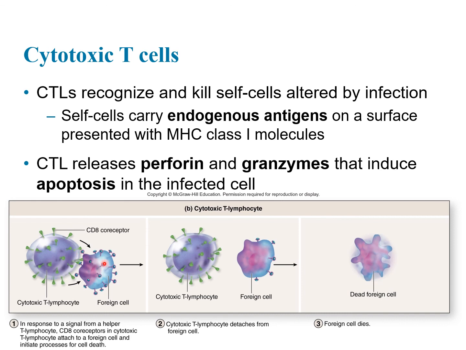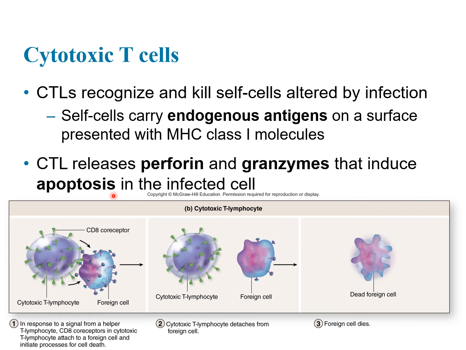Once it binds to it, it's going to start releasing chemicals known as perforin. Perforin comes from the word perforate, which means that it's going to create holes on the surface of the cell. Then it's going to puff another chemical known as granzymes, and those granzymes are going to go deep into the cell and induce apoptosis.